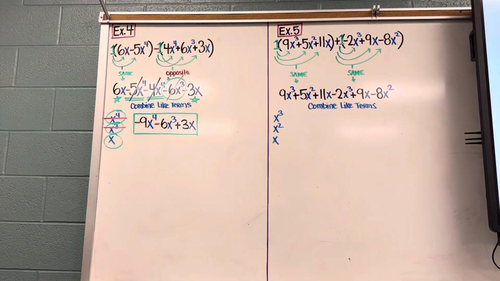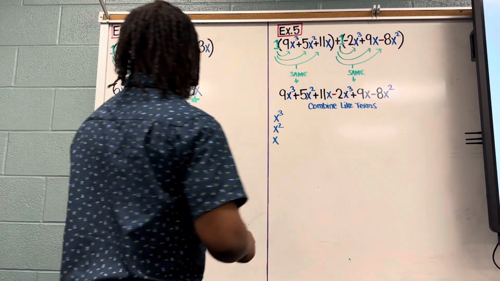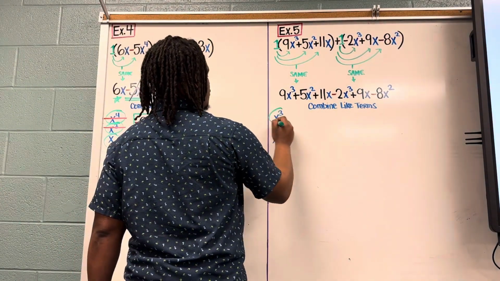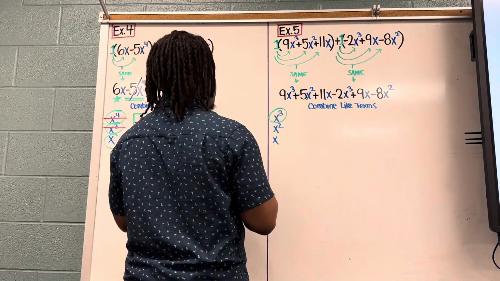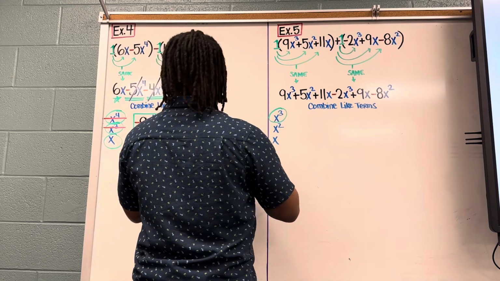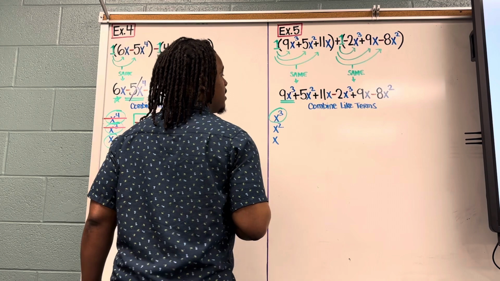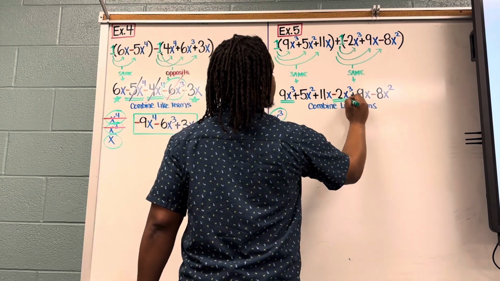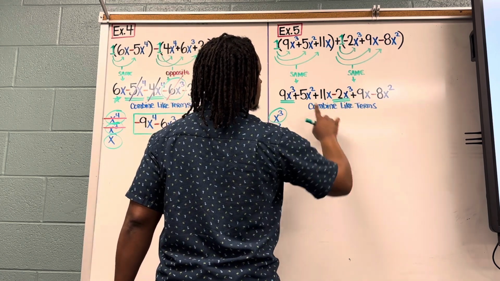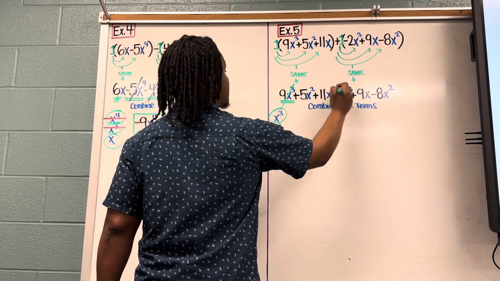So those are the 3 groups that I need to combine. Let's start off with the first group, which is x to the highest power, which is 3. I have 9x to the third power. I see a negative 2x to the third power, and those are the only two values that I see.